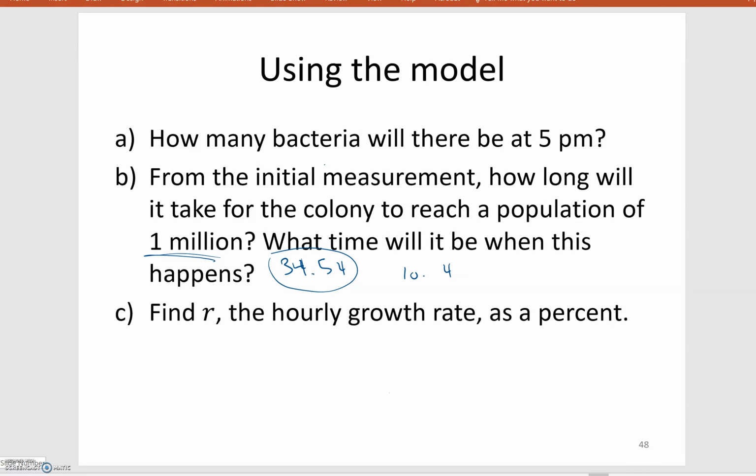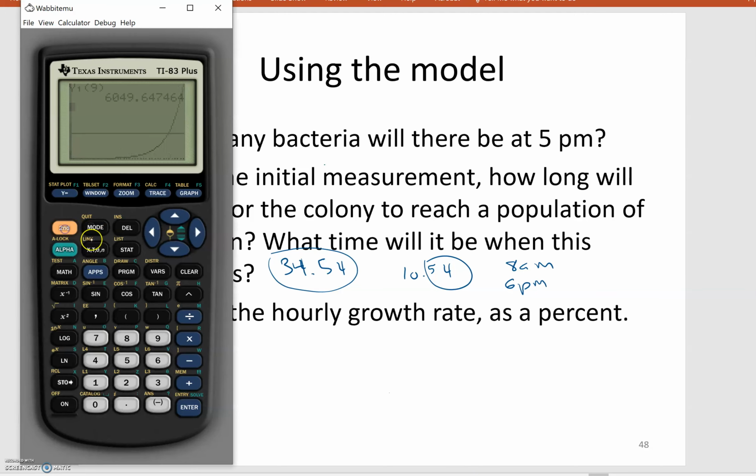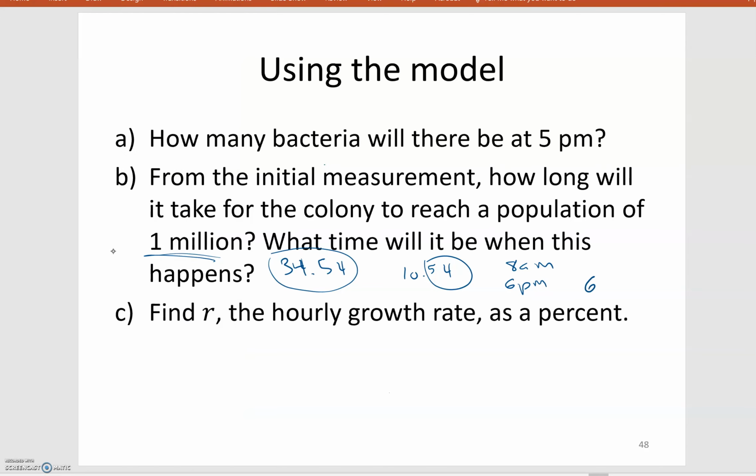Okay, so 10.54 hours, 8 a.m. the next day. 8 a.m. plus 10 hours would get me to 6 p.m. And then I've got 0.54 of an hour, so that's about 30 minutes. So it's going to be around 6:30. Exactly, that would be 0.54 times 60, 32. So 6:32 p.m. the next day.